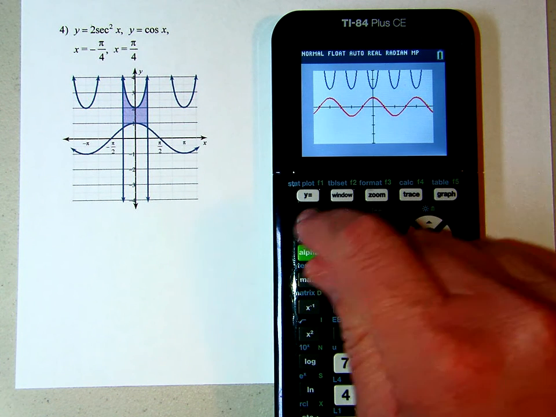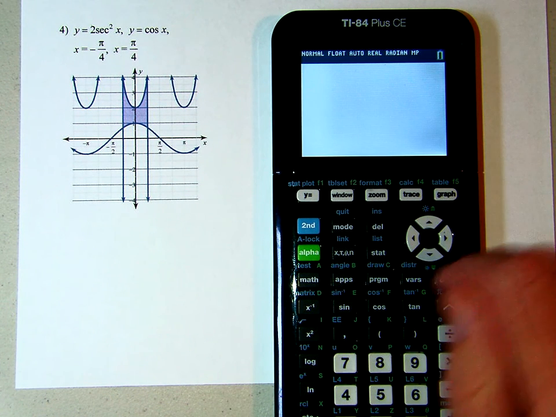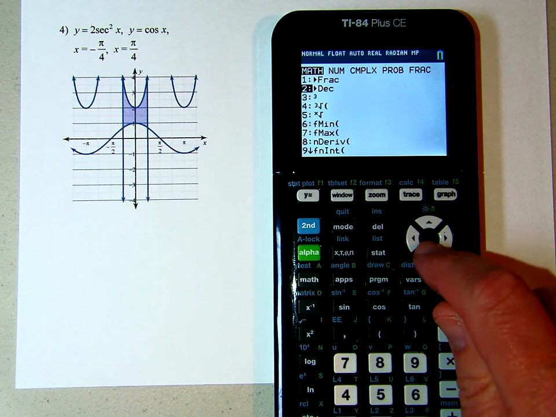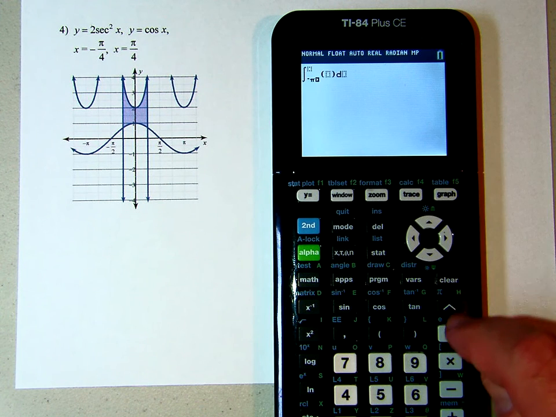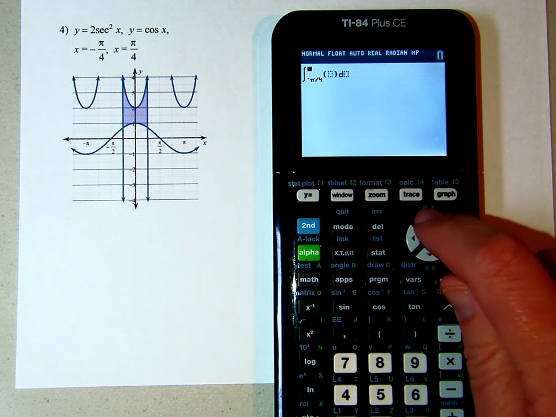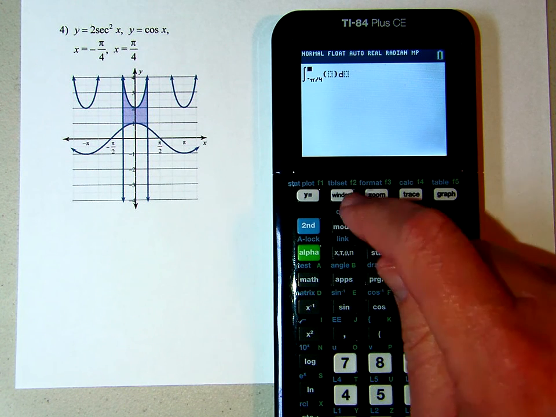Alright, so I'm going to quit out of there. I'm in the home screen. I'm going to go to the math menu and choose my fnInt. My lower bound is negative pi over 4. My upper bound is positive pi over 4.